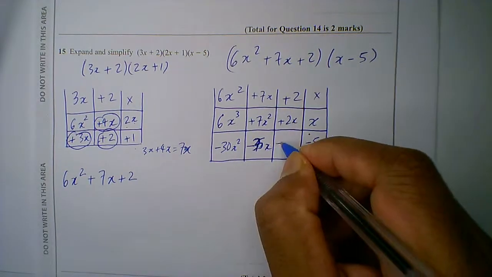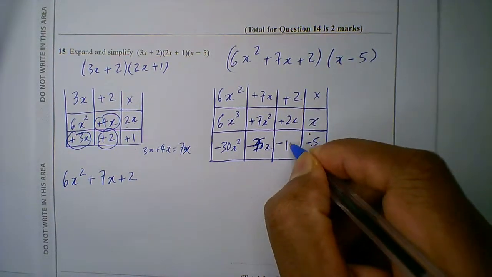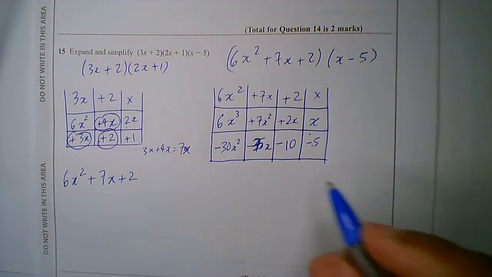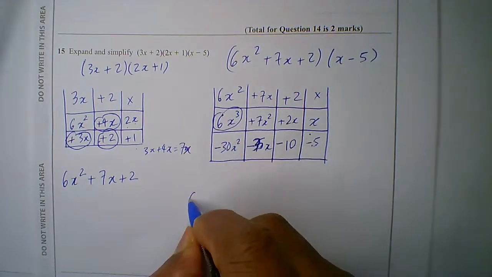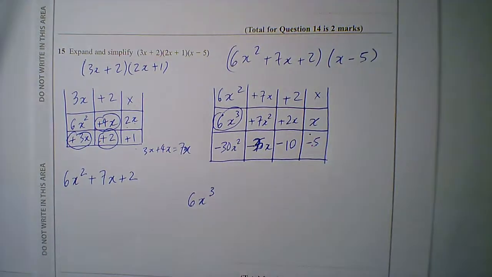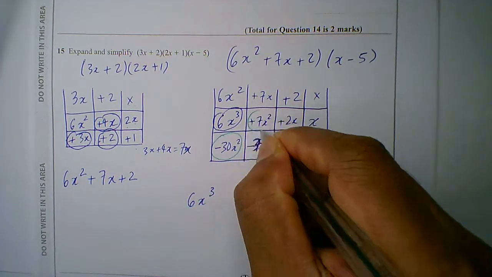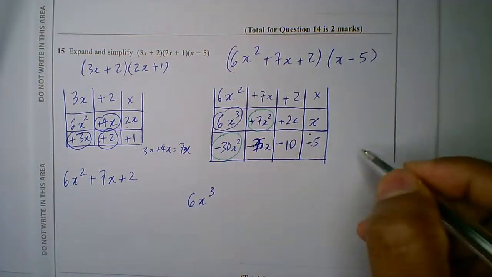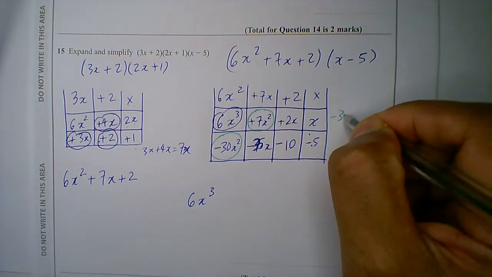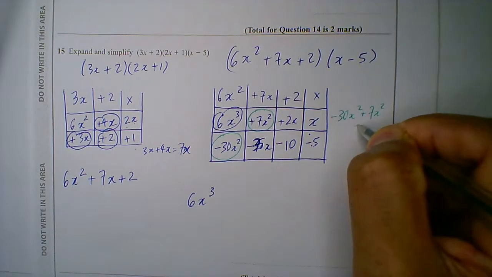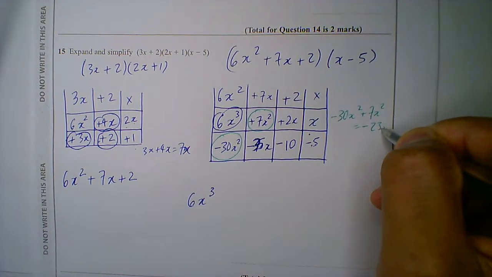Negative and a positive is a negative. 5 times 2 is 10. And now we simplify like we did before. So I've got my 6x cubed. Then I've got my x squared terms, negative 30x squared plus 7x squared. That gives me negative 23x squared.